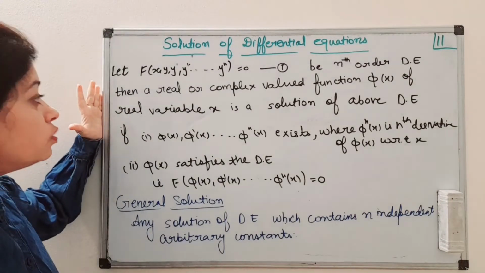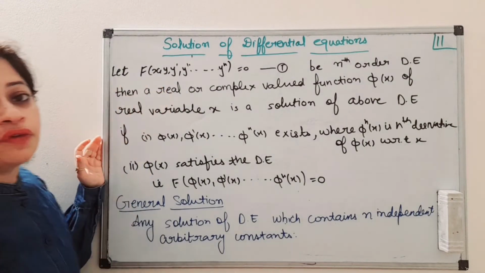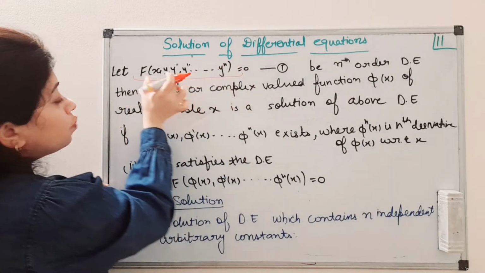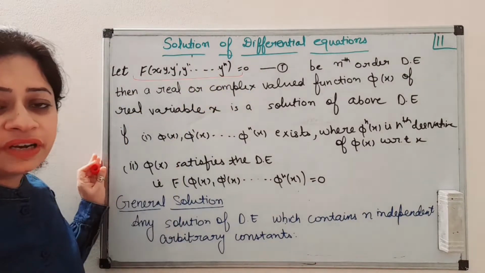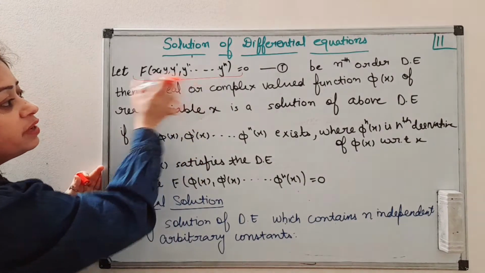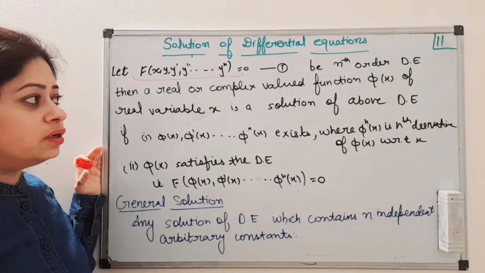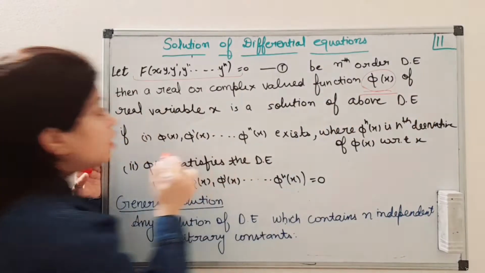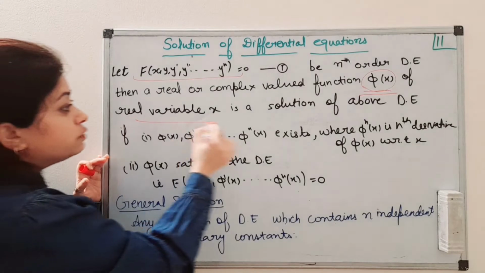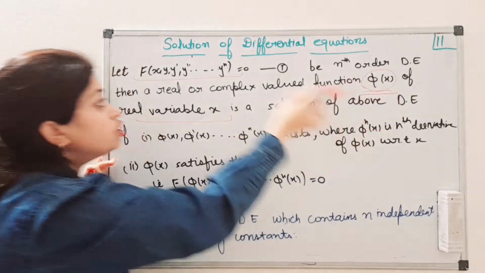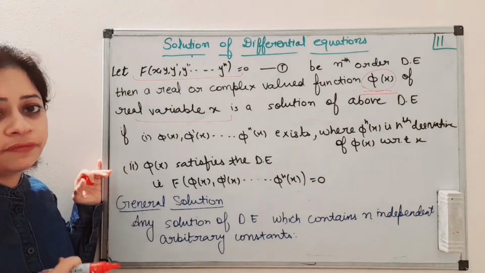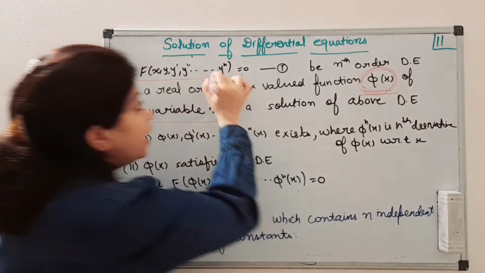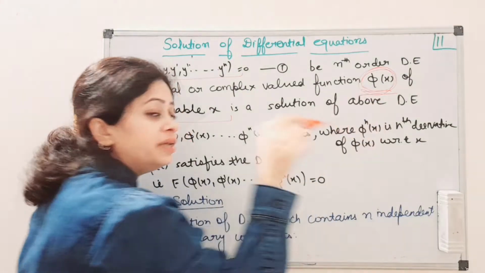Suppose we have a differential equation of nth order, f of x, y, y dash and so on; this is the general form of a differential equation. Then a complex or real valued function phi x of real variable x is a solution of this differential equation if, first, all n derivatives of this function exist.